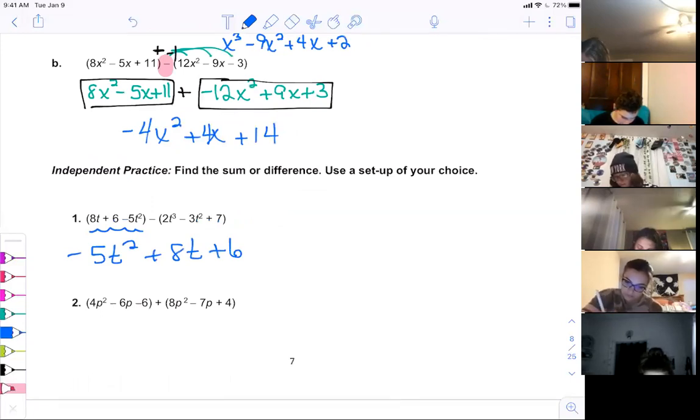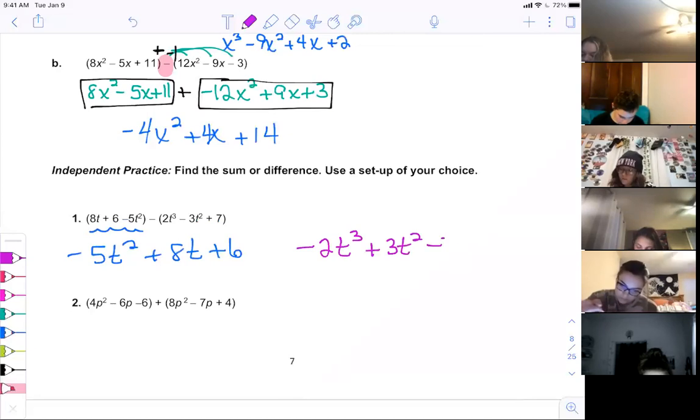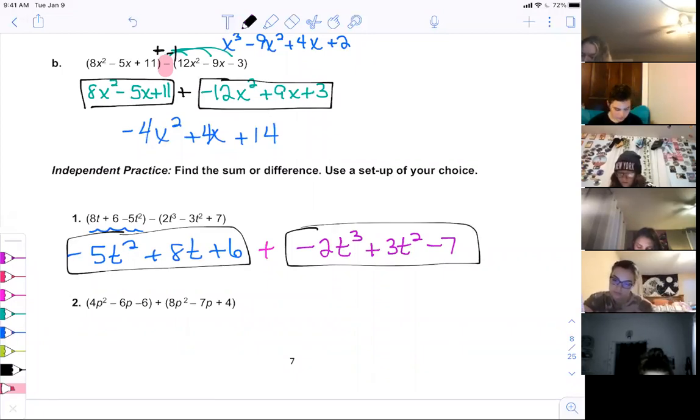So your answer should start with the largest power and they should descend in order. So again, here's one polynomial, there's the second. I just kept mine in horizontal form, but you could do whatever you like.